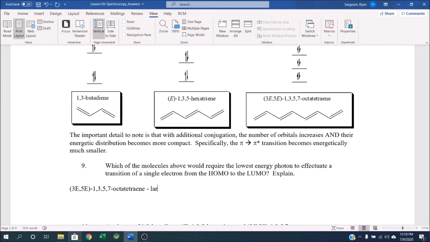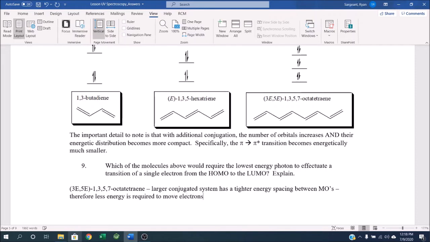Well, a larger conjugated system has a tighter energetic spacing between the molecular orbitals. And therefore, less energy is required to move electrons one step up from the HOMO to the LUMO.